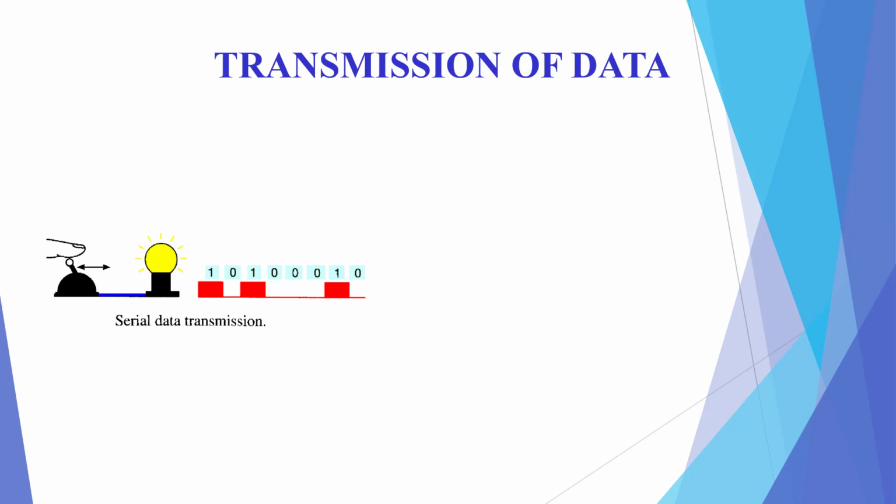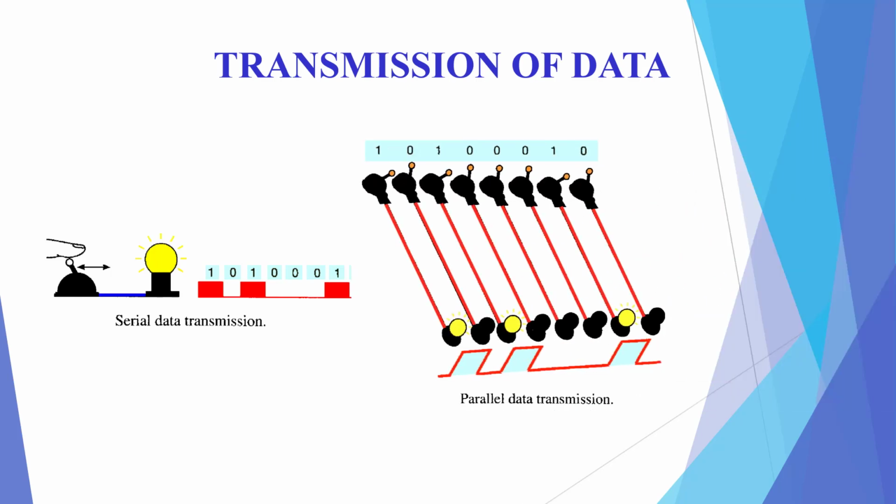Transmission of data can be either serial transmission, where the data comes out one at a time, or parallel data transmission, where you're sending, in this case, probably 8 bits at once. So obviously, if I need to transmit 8 bits of information, doing it in serial is going to take longer because I've got to do those one at a time.